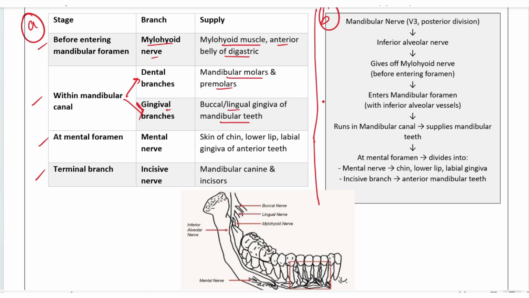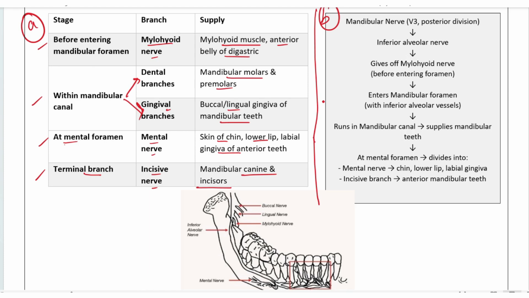Then at the mental foramen, it gives rise to the mental nerve, which supplies the skin of the chin, lower lip, labial gingiva of the anterior teeth. The terminal branch is the incisive branch, which supplies the mandibular canine and incisors. So this is the tabular column.